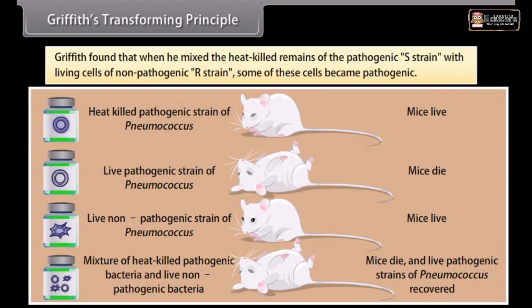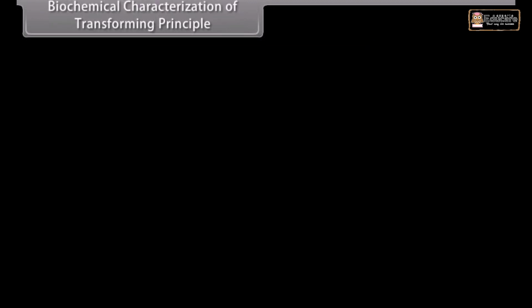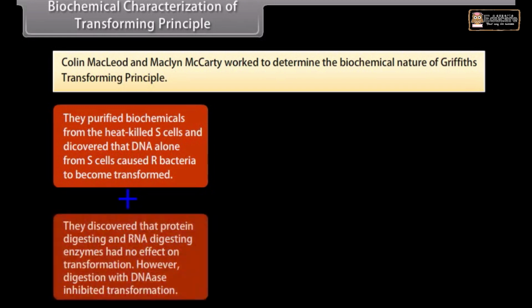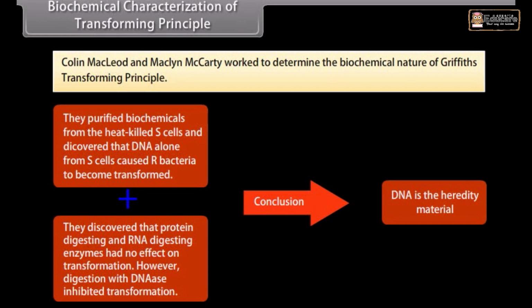He found that when he mixed the heat-killed remains of the pathogenic S strain with living cells of non-pathogenic R strain, some of these cells became pathogenic. Griffith called this phenomenon transformation. Biochemical characterization of transforming principle. Oswald Avery, Colin MacLeod and Maclyn McCarty worked to determine the biochemical nature of Griffith's transforming principle.